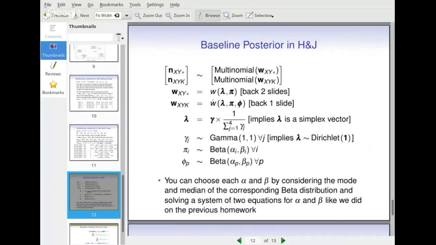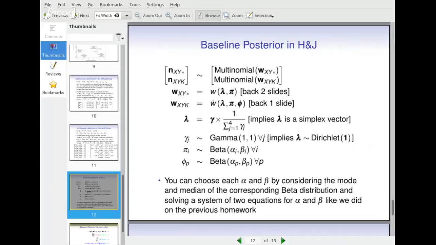Gamma is going to have, in the baseline model, a gamma(1, 1) prior, which implies the prior distribution on lambda is Dirichlet with all the shape parameters equal to 1, which we mentioned weeks ago.